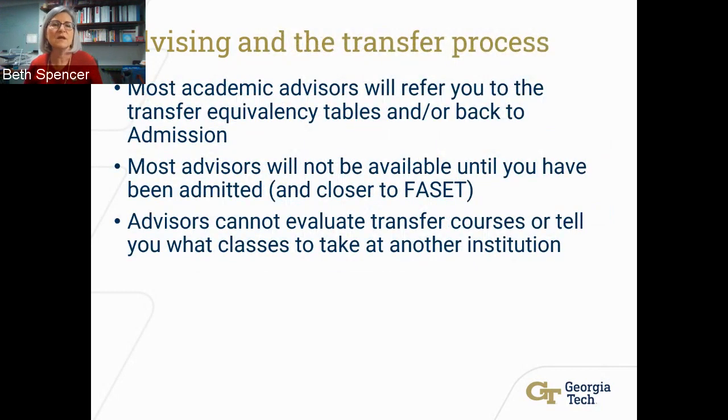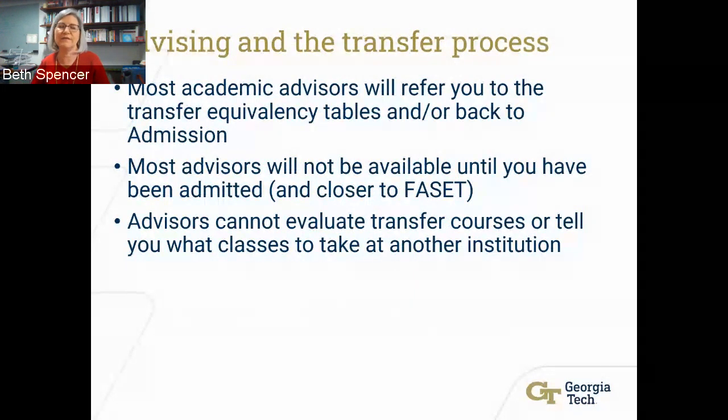Yeah. So this sometimes frustrates students, and I already saw one question come in a minute ago when I was looking at the Q&A. Lots of times students who are thinking about transferring to Tech, either soon or maybe later in the future, want to connect with an academic advisor here now to get information on what classes they should take at their current institution.